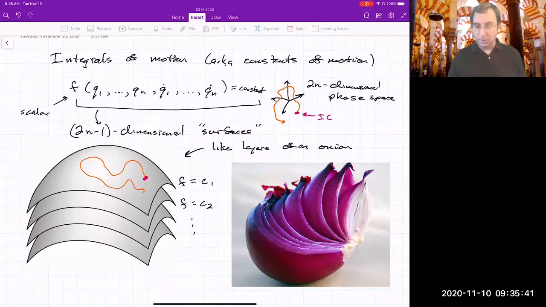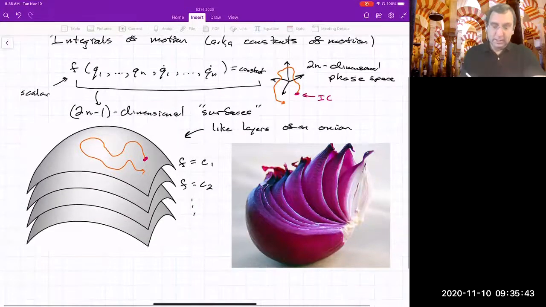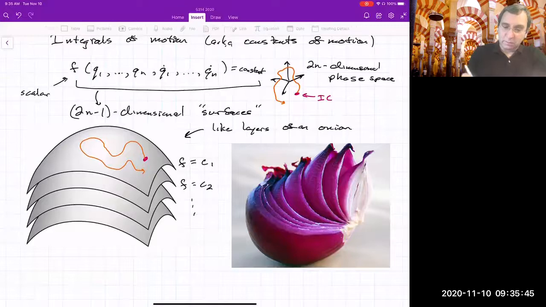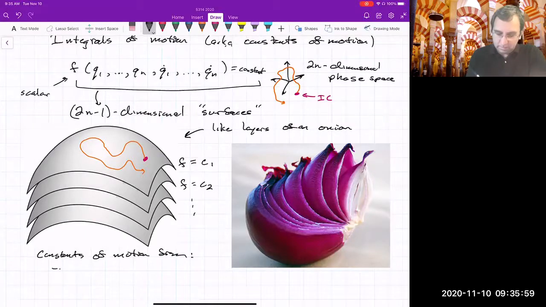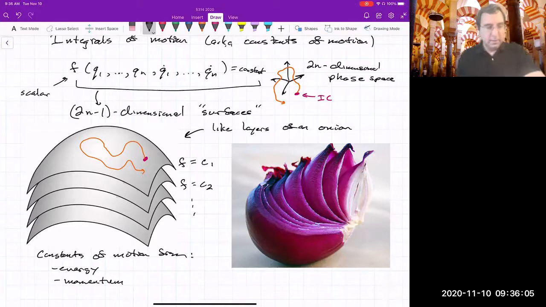And they can come from multiple sources. You can have constants of motion that come from energy or momentum, and their generalizations to generalized coordinates.